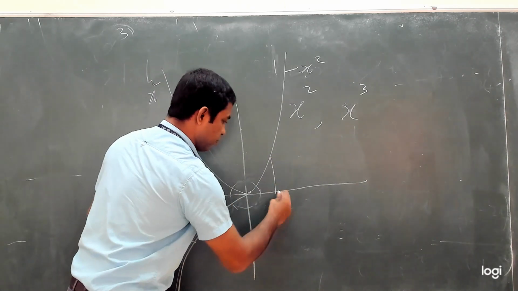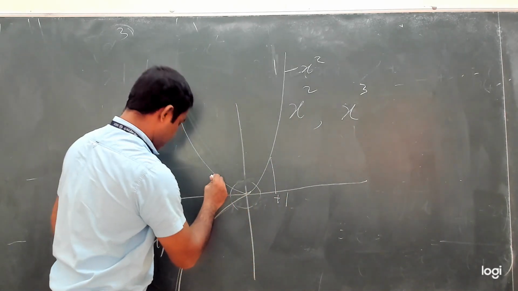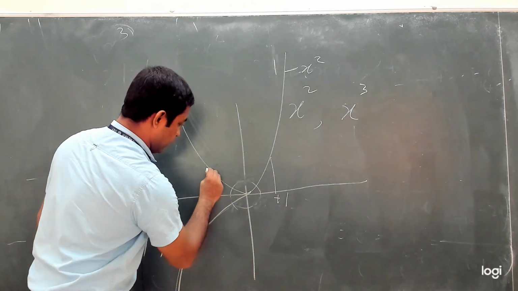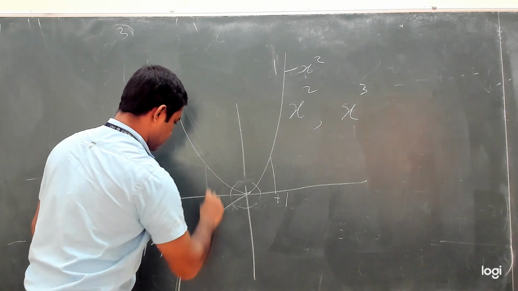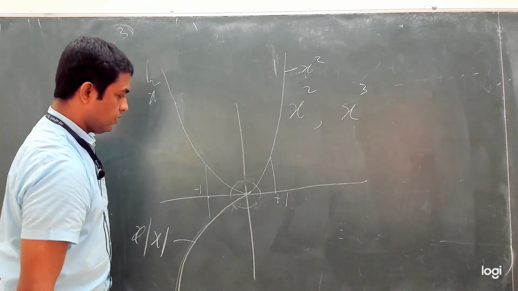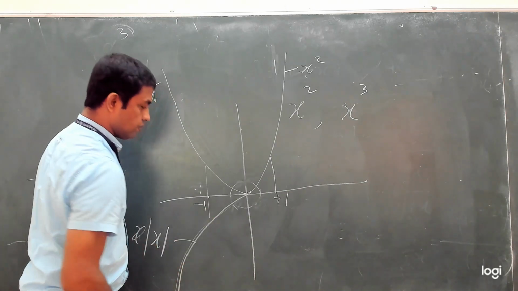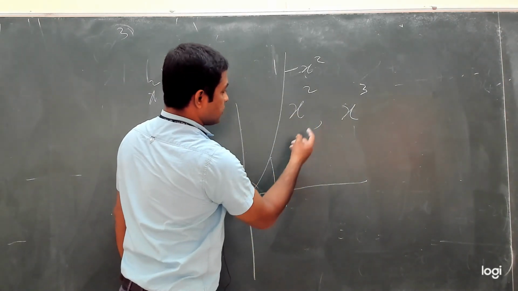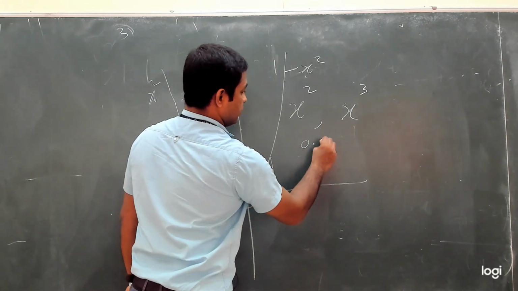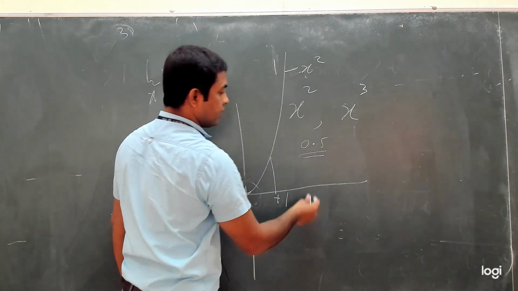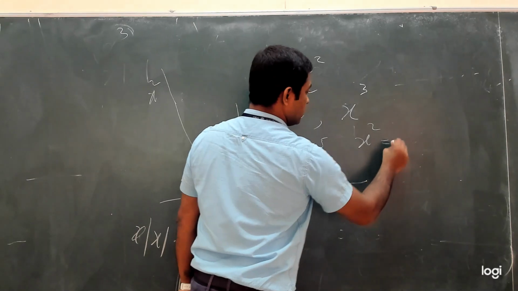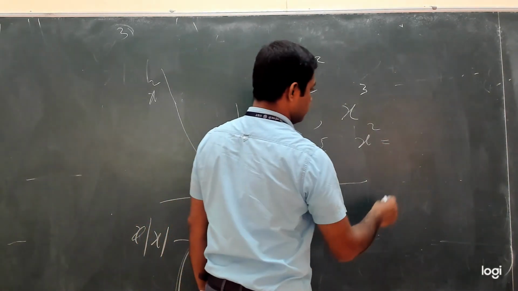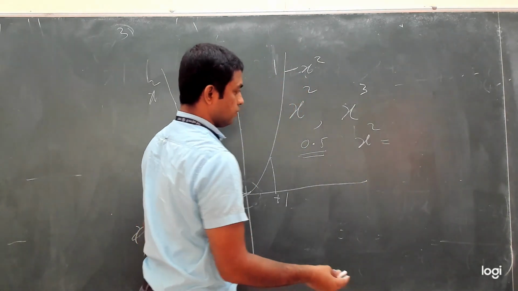Suppose this is your plus 1 and this is your minus 1, okay, these two x values. So suppose x is equal to 0.5. What is the x square value? So 0.25.